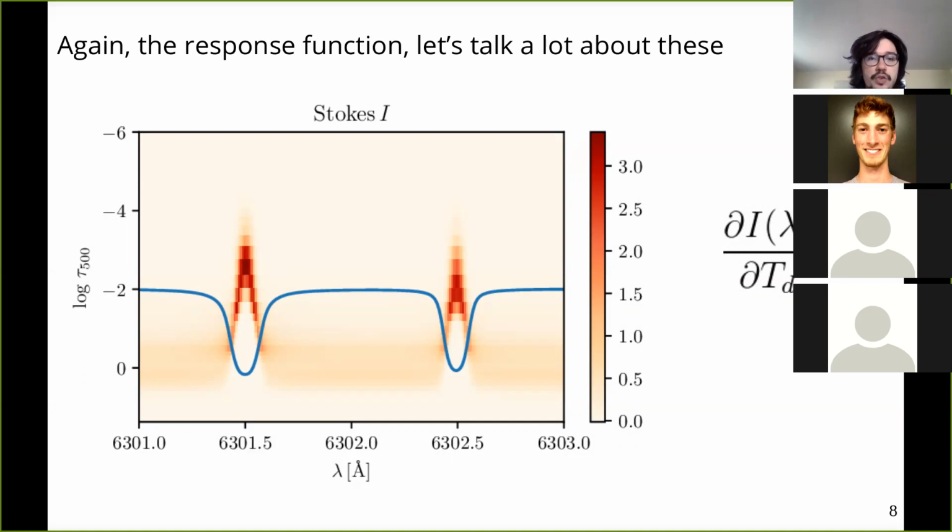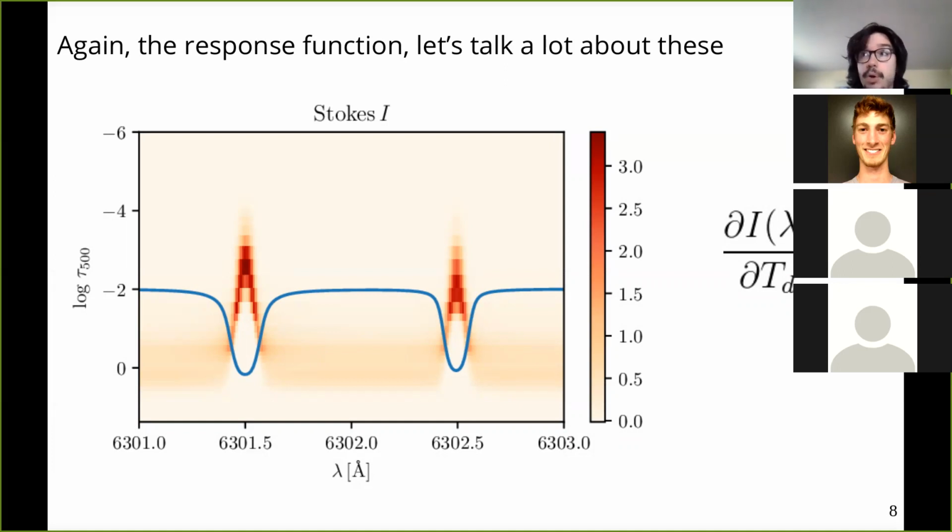An important aspect is that instead of giving you some vague idea of where your line is formed, it tells you that if I perturb temperature at this depth point by this amount, my intensity is going to change by this much. It gives me an exact number in units of intensity per Kelvin. I can plug that into a minimization or fitting procedure and use it to extract real numbers and obtain agreement between the observed and synthetic spectrum. And that's a big deal.